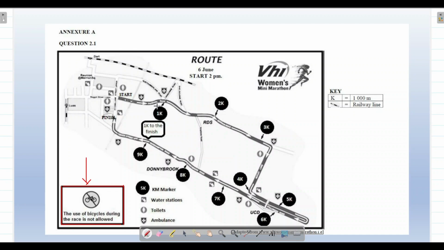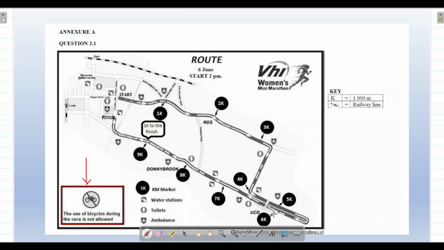From there to there, between these two black circles, 1 kilometer is traveled. Between these two black circles, 1 kilometer is traveled, right? But in total, how many kilometers is this V women's mini marathon? Okay, so we already know that from there it's 1 kilometer, from there to there is 2, then 3, 4, and 5 kilometers will have been traveled when you get to that point.